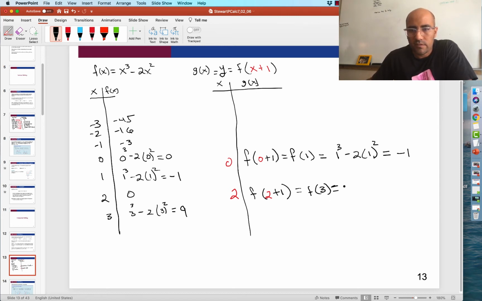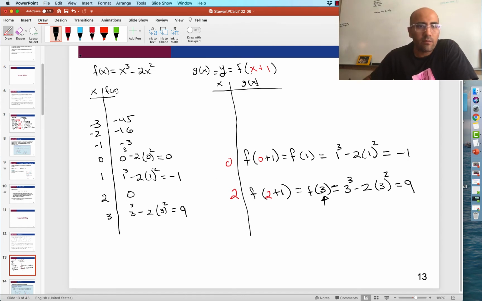This is going to be equal to 3 cubed minus 2 times 3 squared, which gives us 27 minus 18, which gives us 9. I could do this little equation, or once I get to this point, I can just go over to my table, look up 3 and note that this is going to be 9.